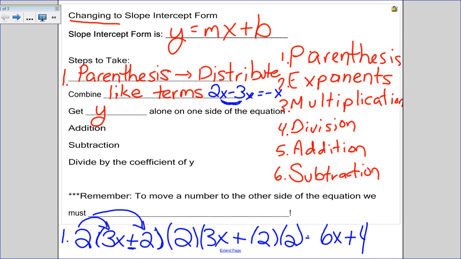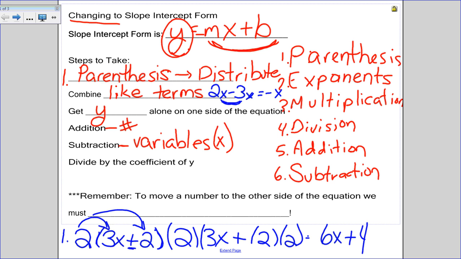You need to make sure that y is the only thing on one side of the equal sign. Everything else should be on the other side because it says y equals everything else, right? So you should be able to get y alone on the other side. And to do that, you might need to add or subtract the numbers or the variables, okay? That's your x's. You might need to subtract or add them. Remember, we always do the opposite, okay?